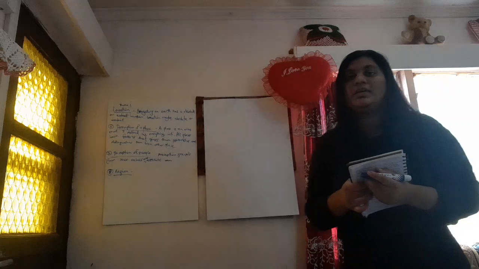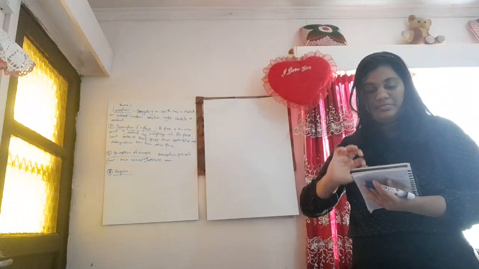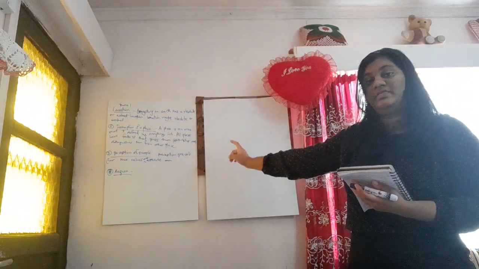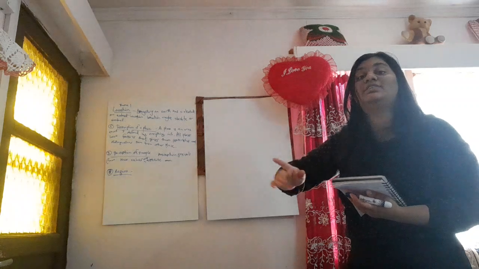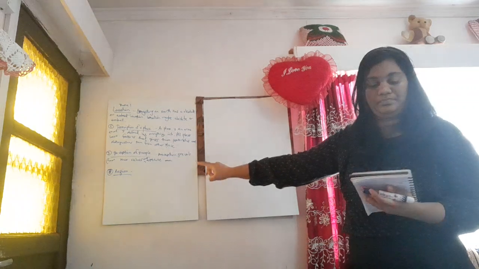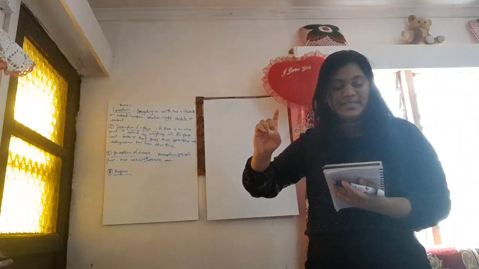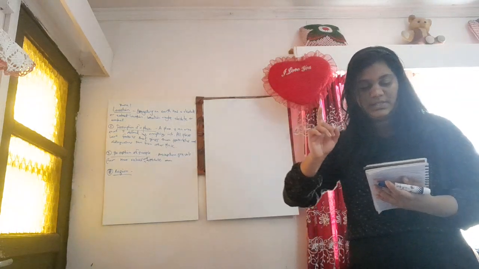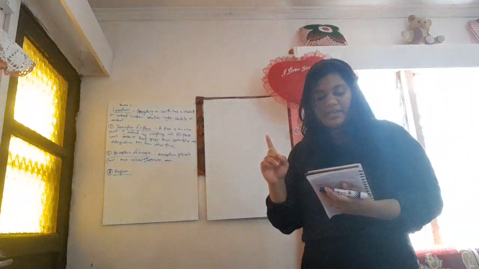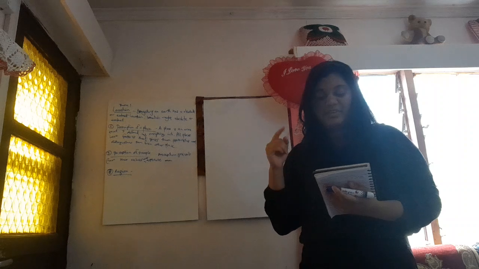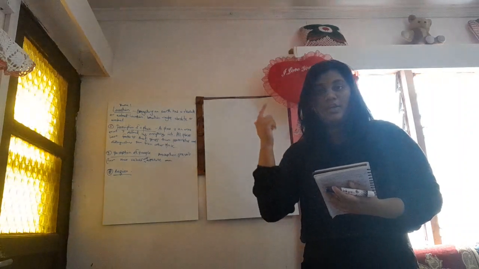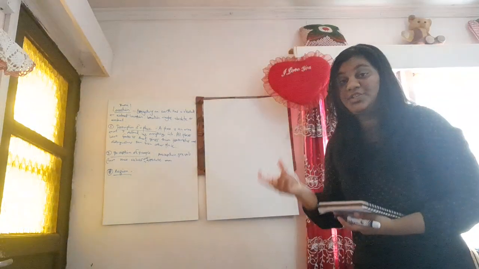This is something that is very important for you geography students to understand. Region. A region is an area that is defined by certain similar characteristics. These similar characteristics can be physical, natural, human, or cultural.